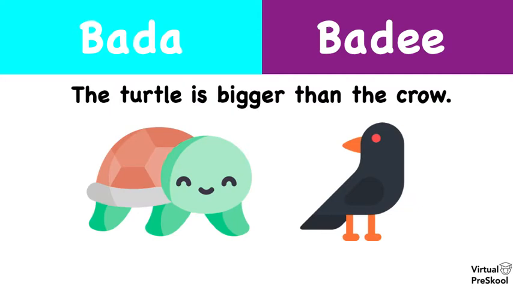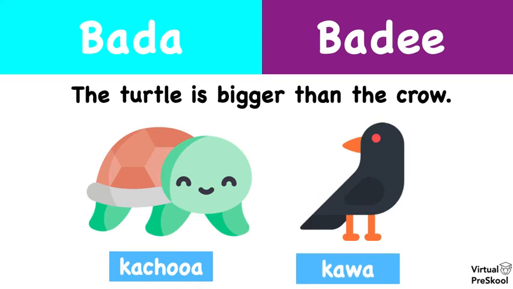Let's do another one. The turtle is bigger than the crow. Turtle in Hindi is kachua. Crow is kawa. So would we use bada or badi? Well, what's the sentence about? Is it about the turtle or the crow? It's about the turtle. And turtle is kachua.